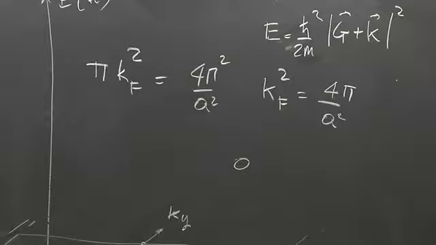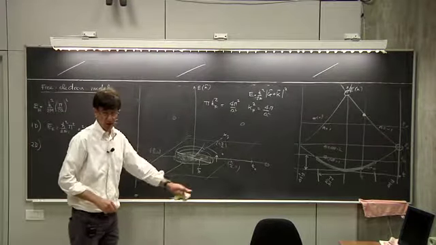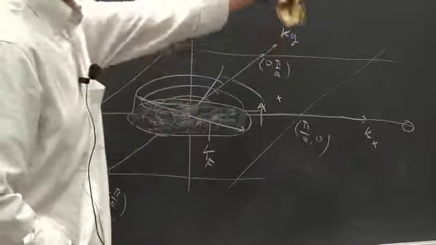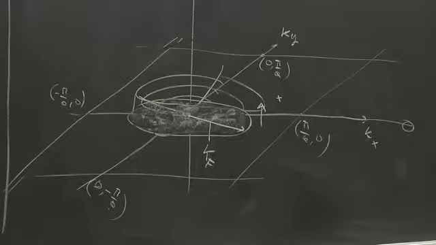Why do I keep Kf squared? I don't even take the square root. Because when I want to calculate the height of the parabola at that point, from the ground, from the bottom, I just need k squared, right? It's h squared over 2m Kf squared.